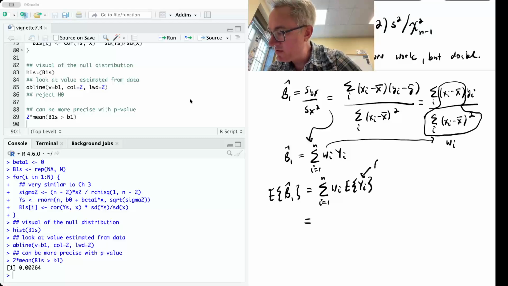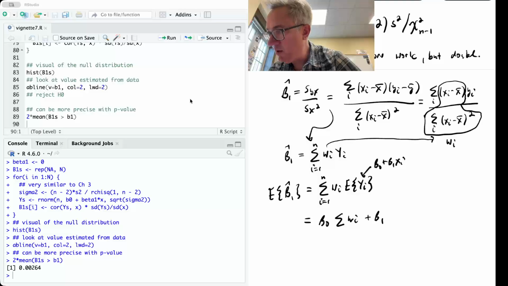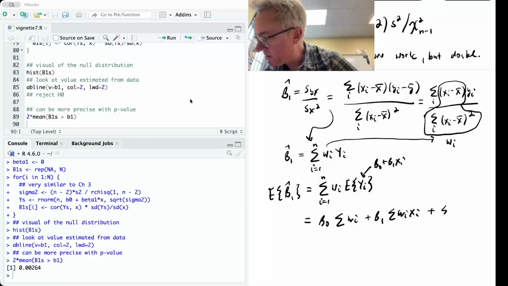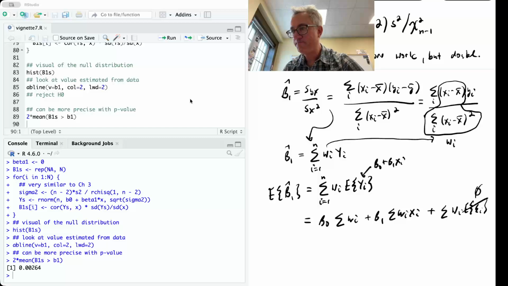Each one of these is a beta 0 plus beta 1 xi, right? So I've really got beta 0 times the sum of the weights plus beta 1 times the sum of the weighted xi's plus the error term, the sum of the weights times the expected values of the errors, which are all 0.